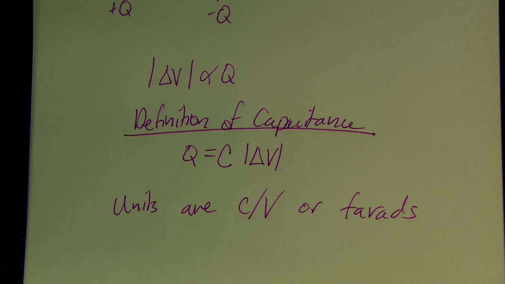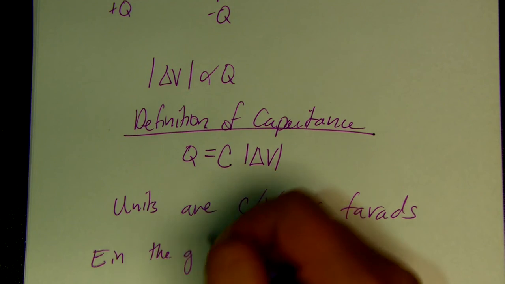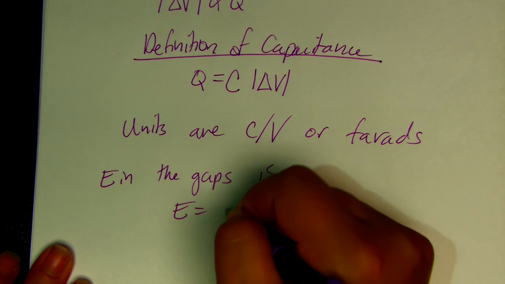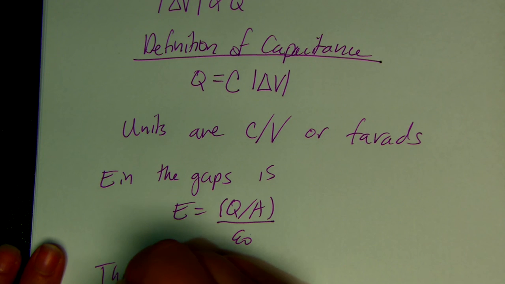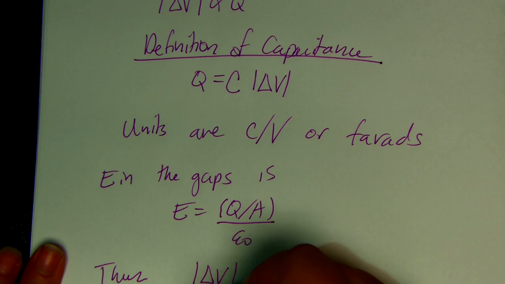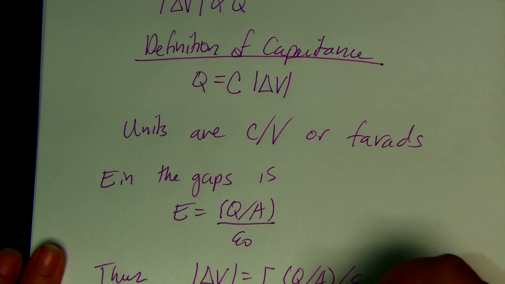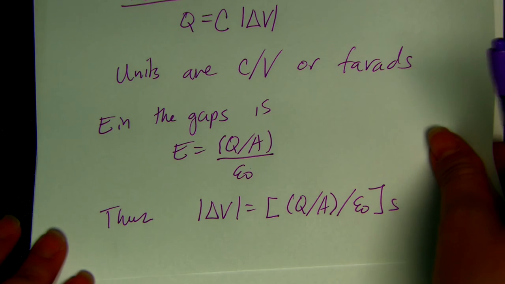Okay, so let's play around with this. E in the gaps, which is perfectly fine, it's not like the God in the gaps argument, is E is equal to Q over A over epsilon naught. Thus, delta V is equal to Q over A over epsilon naught times S. Okay, so there that is. Let's keep playing.